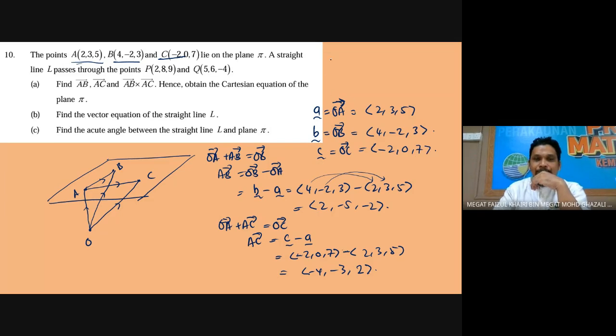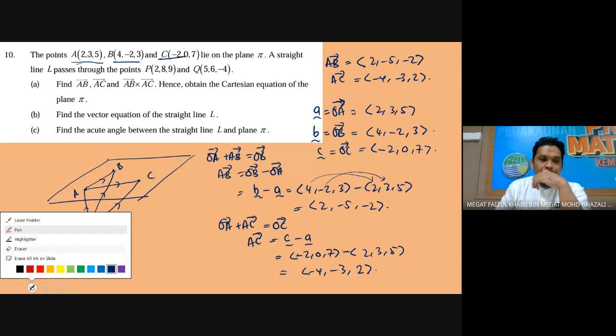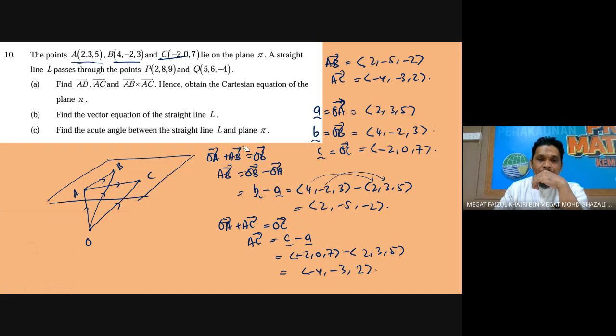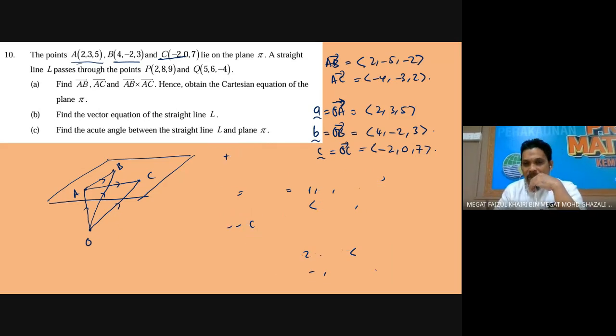Okay, so then AB, I rewrite here, OB minus OA. We have (2, -5, -2), and AC, which is (-4, -3, 2).